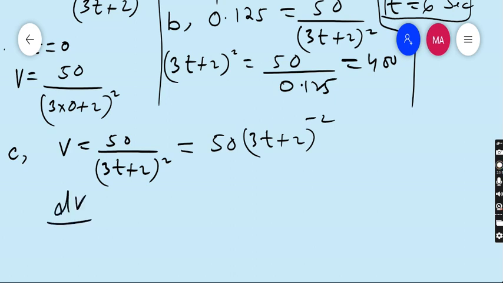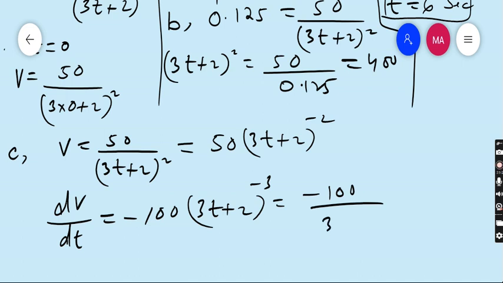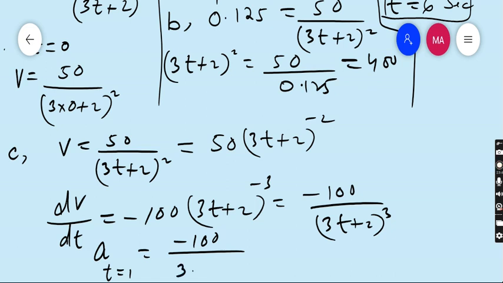So dv by dt, derivative of velocity with respect to time, 50 into minus 2 is minus 100, (3t plus 2) power minus 3. Minus 100 upon (3t plus 2) power 3. This is the acceleration, but the requirement is to find the acceleration a at t is equals to 1. Minus 100 upon (3 plus 2) whole square, 5 whole square is 25.